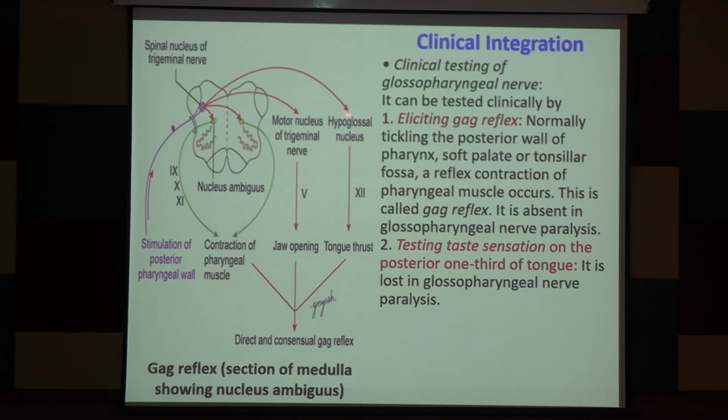It also sends sensation to the motor nucleus of the trigeminal nerve, and via the trigeminal nerve branches there will be jaw opening, and via the hypoglossal nucleus, the 12th cranial nerve, there will be tongue thrust, and direct and consensual gag reflex occurs during stimulation of the posterior pharyngeal wall.